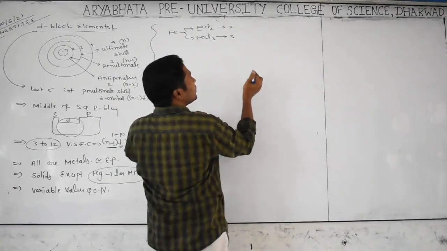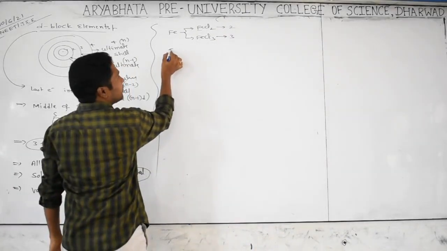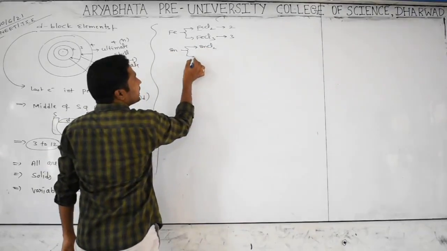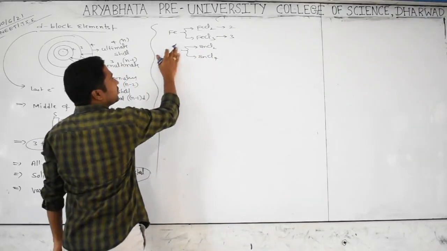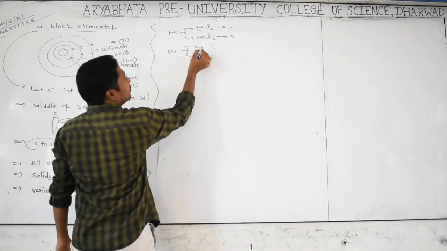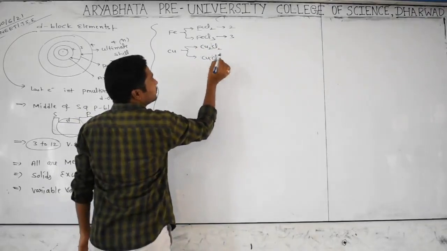Here is one more example: tin, which exists as SnCl2 and SnCl4. Or take a d block element such as copper: Cu2Cl2 and CuCl2.